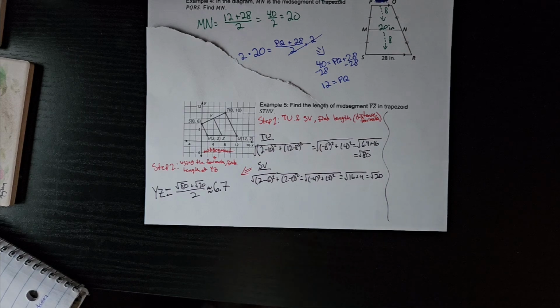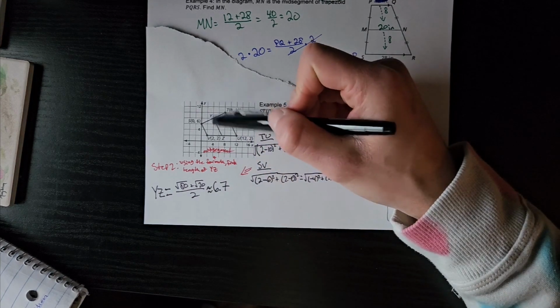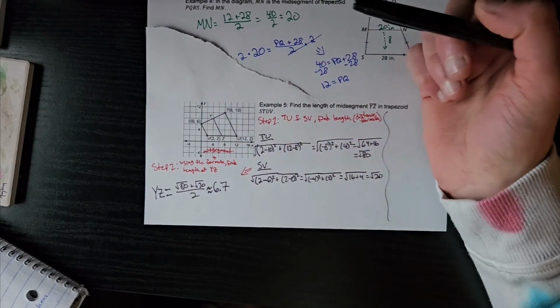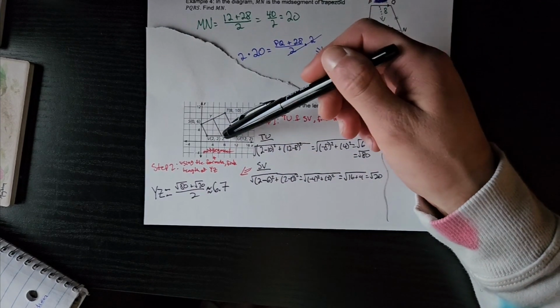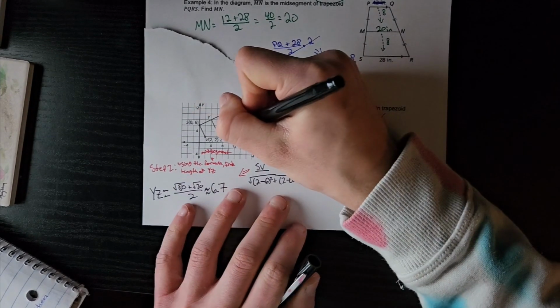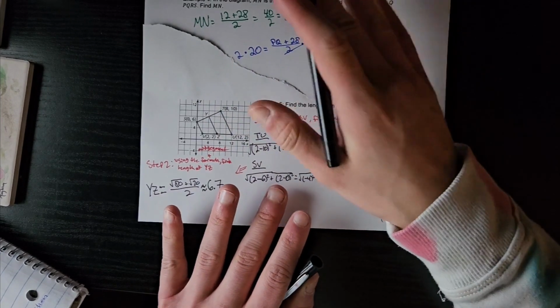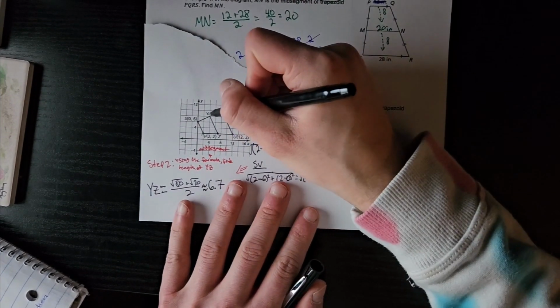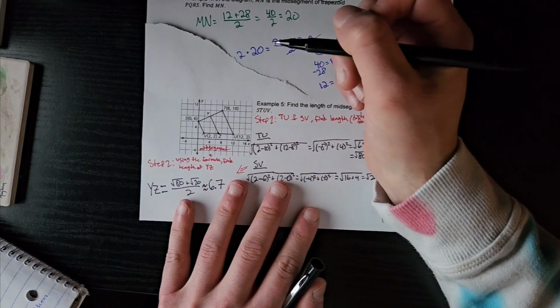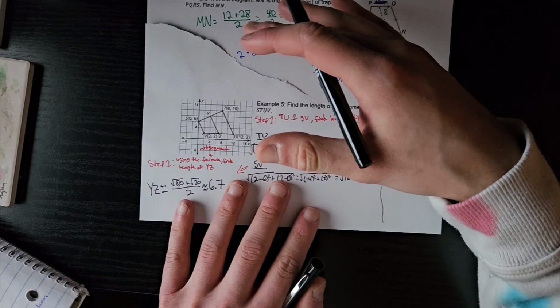There's a different way of doing this. If the points were flush, like even points on the grid, you could just find like the legit distance of Y to Z. But I wouldn't do that, at least in this case, because Z is kind of in the middle. If you wanted to do this a different way, you could find the midpoints of Y and Z and then just do the distance formula from there.